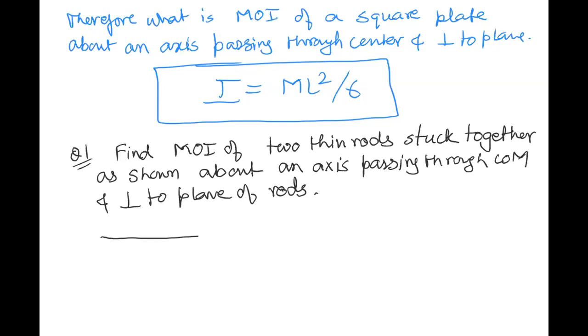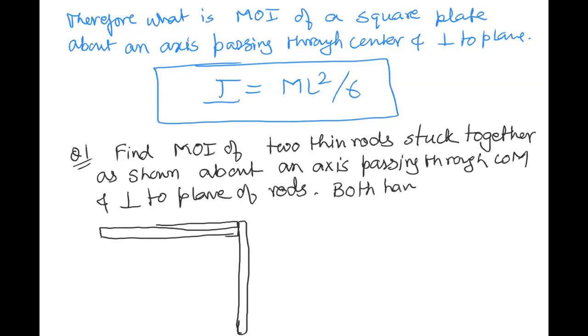So this is rod 1, this is rod 2, right? Both have mass m, length l.